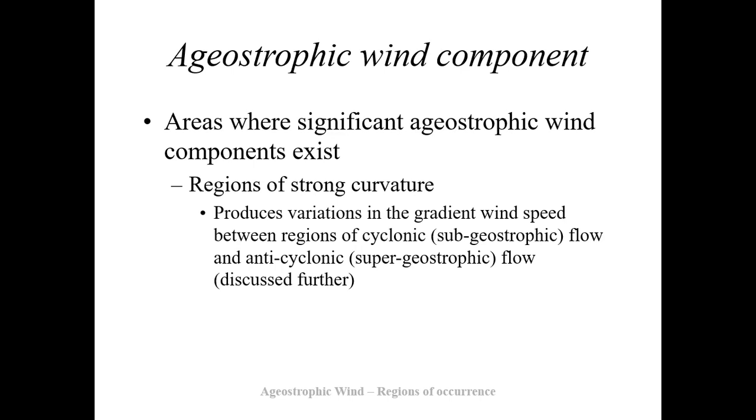Now when I say the word super when I'm talking about winds, I want you to think of Superman, because Superman flies really high above the Earth's surface, okay? And if it's super, that means it's higher wind speeds. Superman flies high above the Earth's surface. So super geostrophic means to have area of very fast moving winds. And those are generally associated with the upper level long wave ridges at 300 millibars or 30,000 feet with the jet stream.